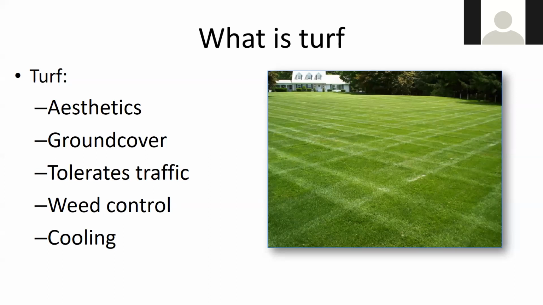There's no other plant that will tolerate a football or a soccer game regularly, plus practices. We use turf for weed control because, again, in the right situations it can outcompete a lot of things. And then even though we use water to do it, temperatures on actively growing grass during the summer can be 20 degrees cooler than the ambient air temperature.